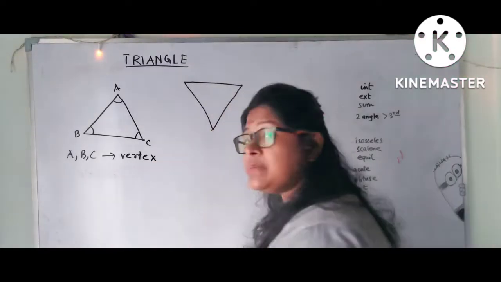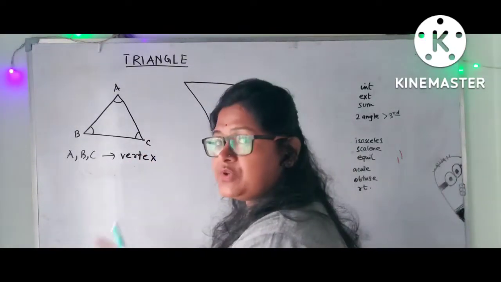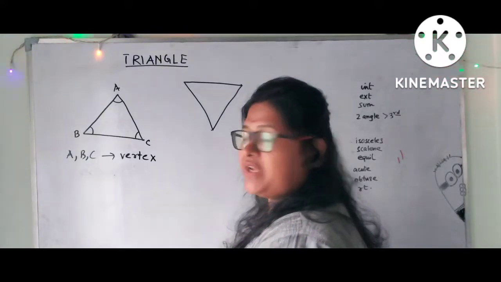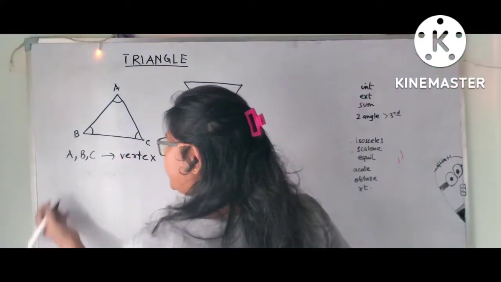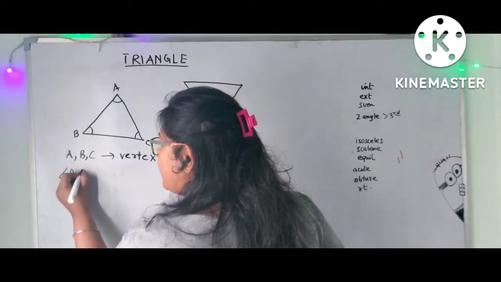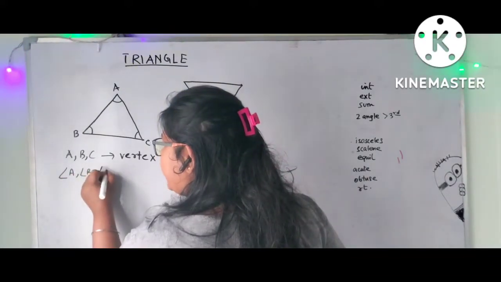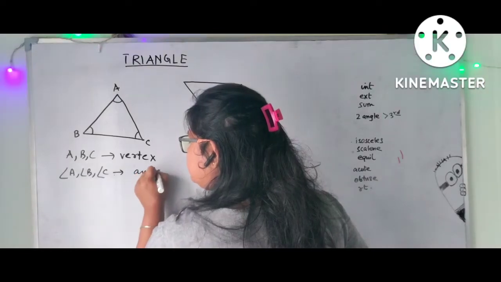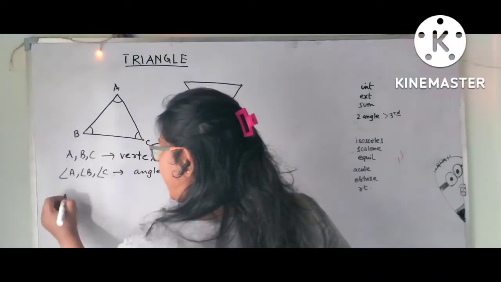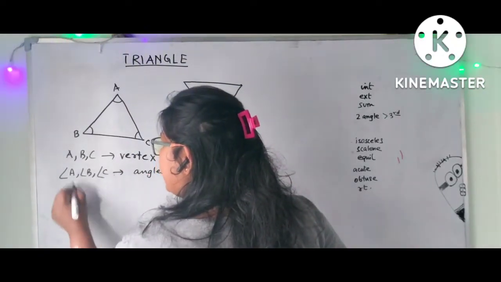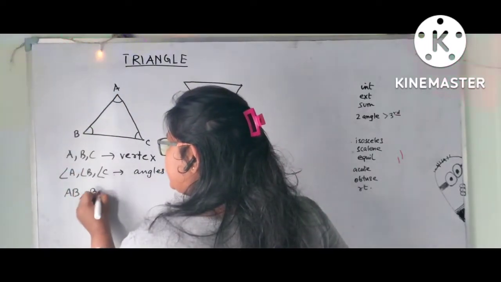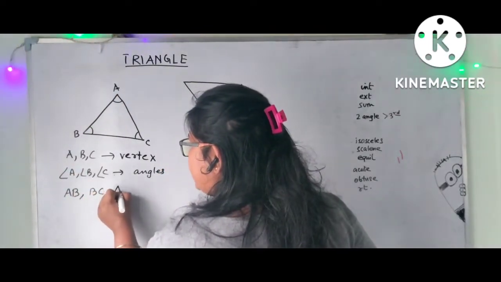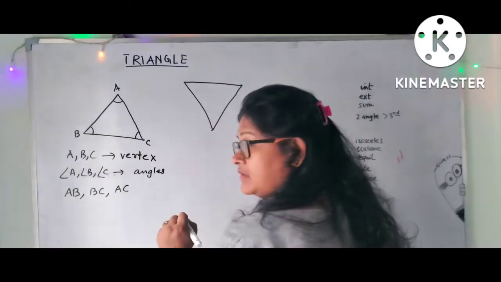This is the basics of triangles. If you don't know anything about triangles, this is the right time you should start learning about these points. A, B, C. The angles can also be called angle A, angle B, and angle C. So there are 3 angles of this triangle, and AB is a line, BC is a line, and AC is a line.